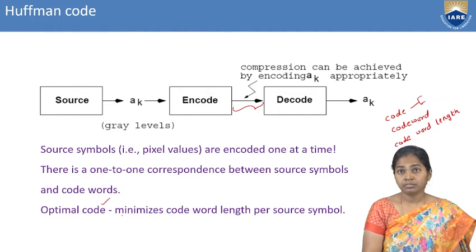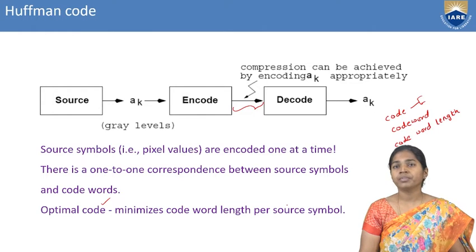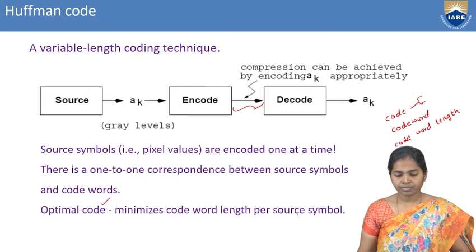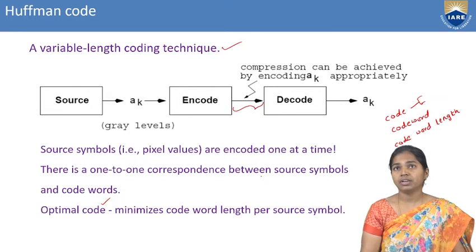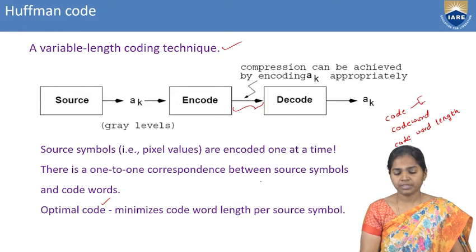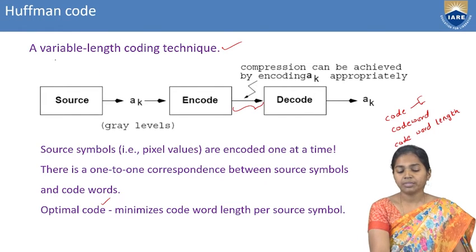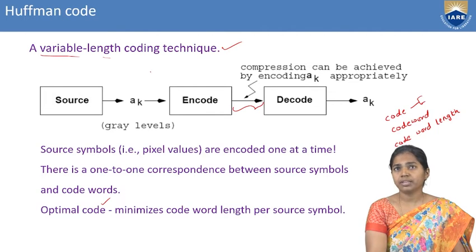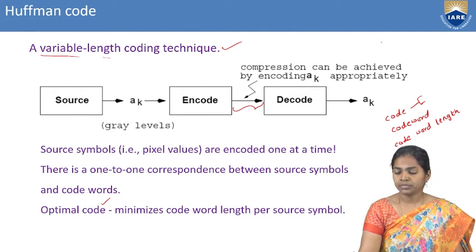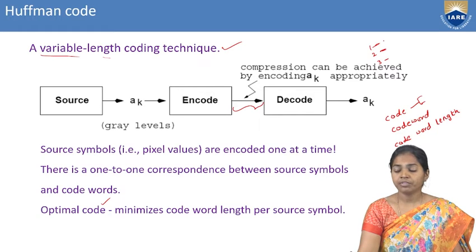Here, an optimal code minimizes the code word length per source symbol. So Huffman code is an average length code, a variable length coding technique. With fixed length coding, each and every gray level, for example gray level 1, 2, 3, we represent with a fixed number of bits.